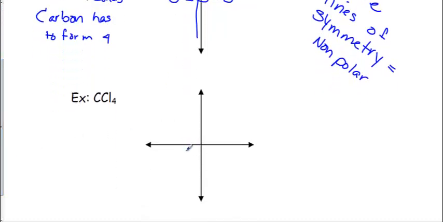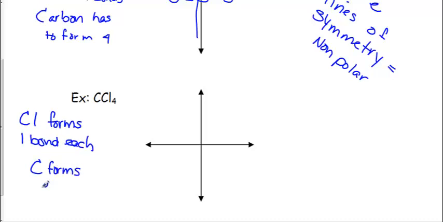CCl4 now, okay? Again, chlorine will form one bond each. Okay, carbon forms 4. So when we have 5 atoms, it gives us this tetrahedral shape when we draw it out.